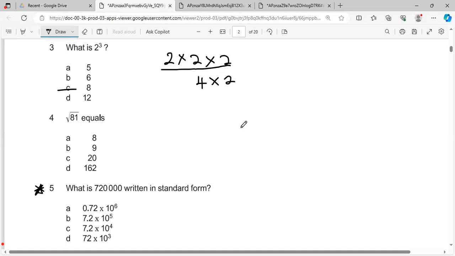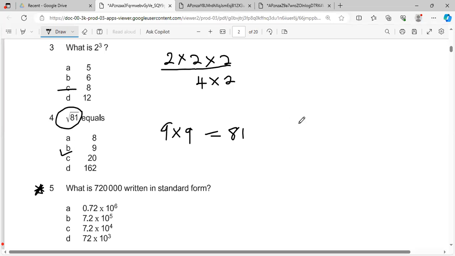And since 9 times 9 is 81. Very good. It's what this is saying, guys. Square root means what number you multiply by itself to give you 81. And only 9 times 9 can give you 81. All right, we're going to skip number 5 here. It's not a part of your syllabus, so we're going to skip that one. So yes, it would be 9 because 9 times 9 would be 81.